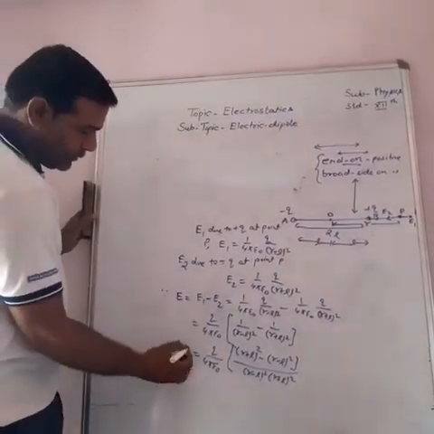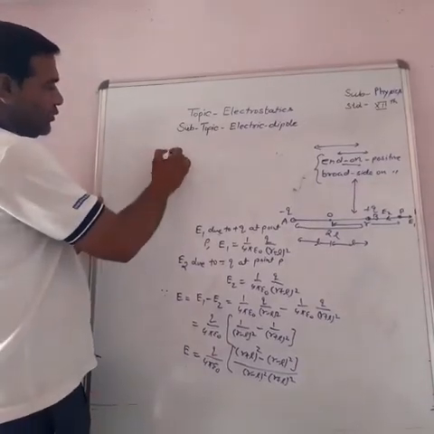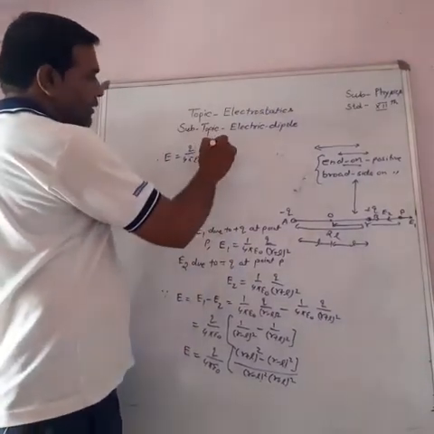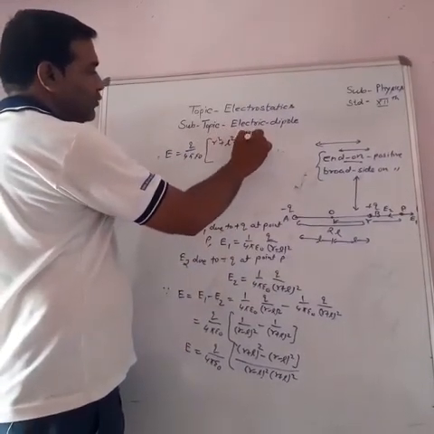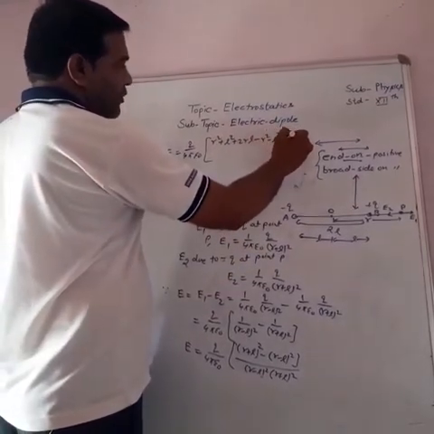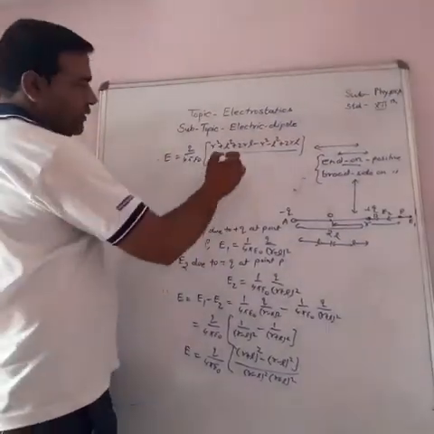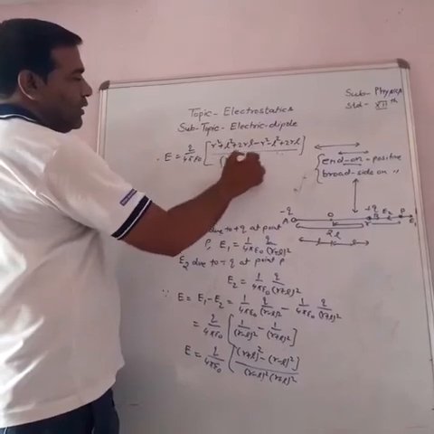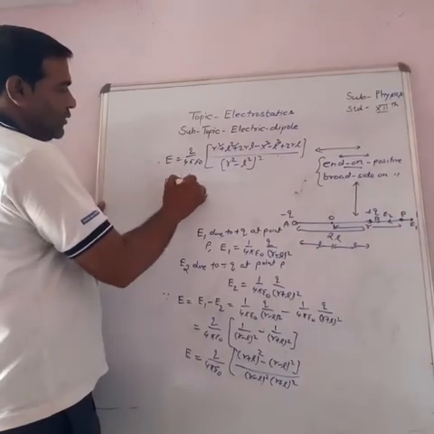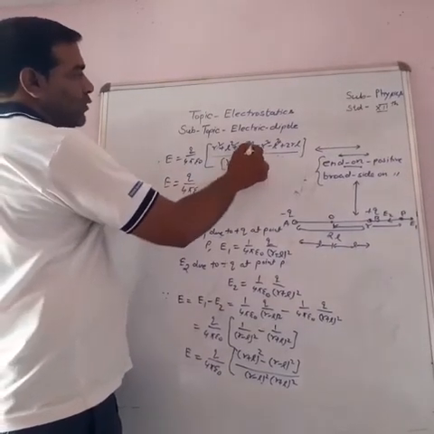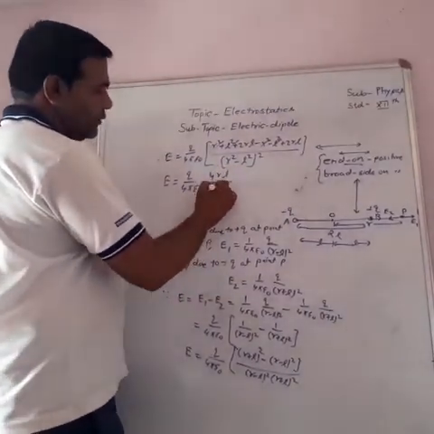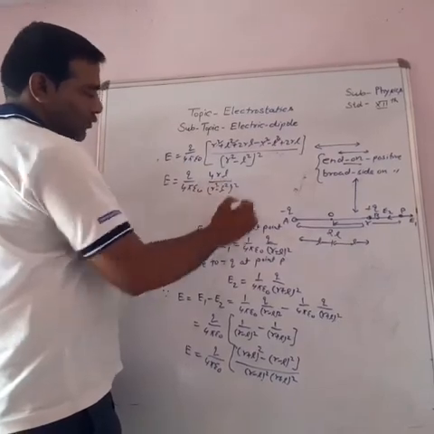So E is equal to q upon 4 pi epsilon naught into R square plus L square plus 2RL minus R square minus L square plus 2RL, and here R square minus L square whole square. That gives 4RL upon R square minus L square whole square.